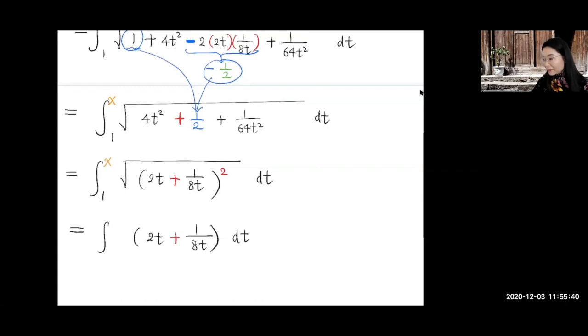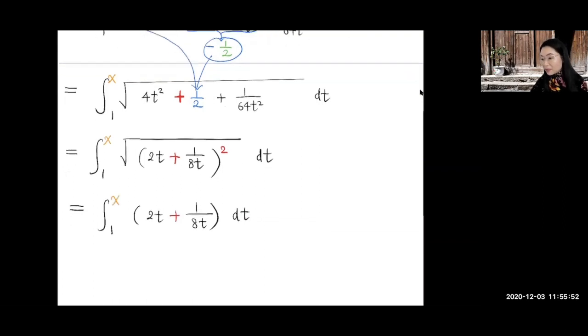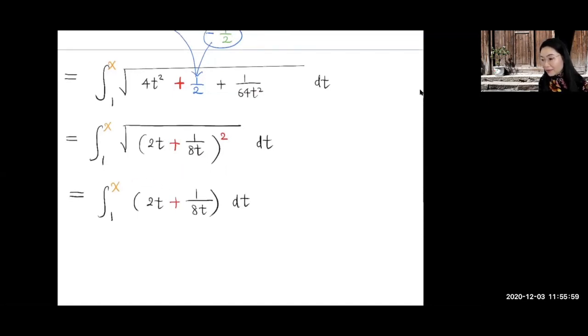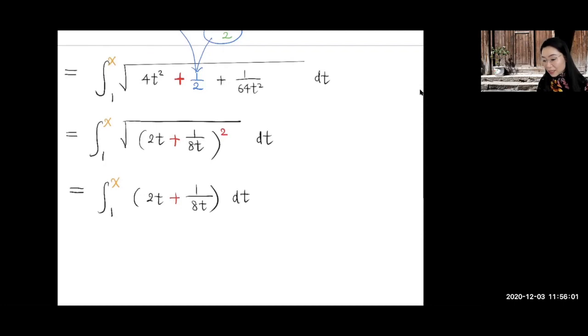And that's perfect, because now we take the square root, we can get rid of the square right here, okay? Now this is from 1 to x, okay? Now it's much simpler this way. So in your homework, you're probably going to encounter this, okay? So remember this kind of trick, okay?